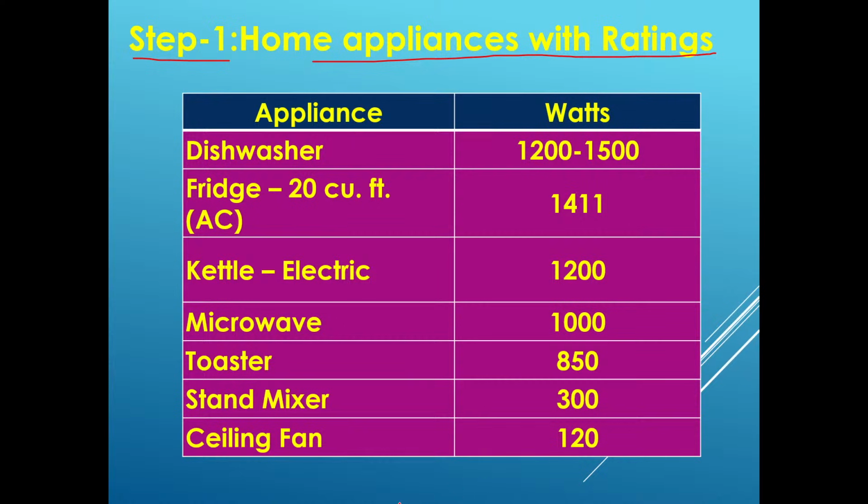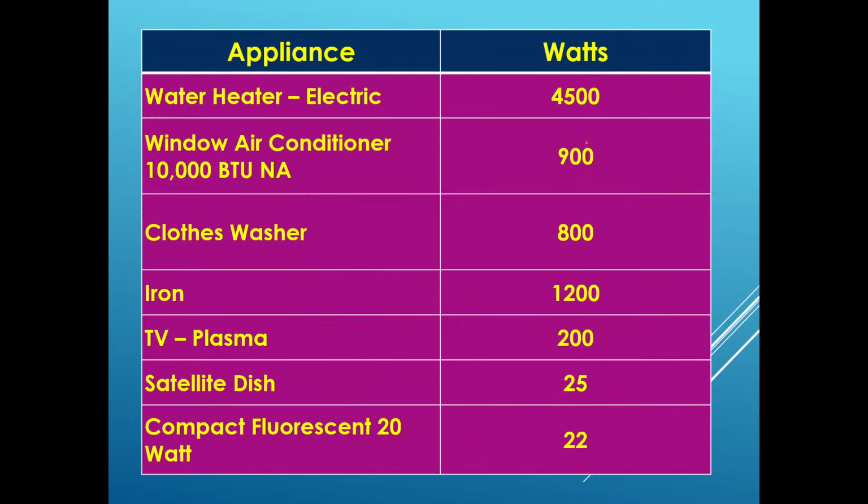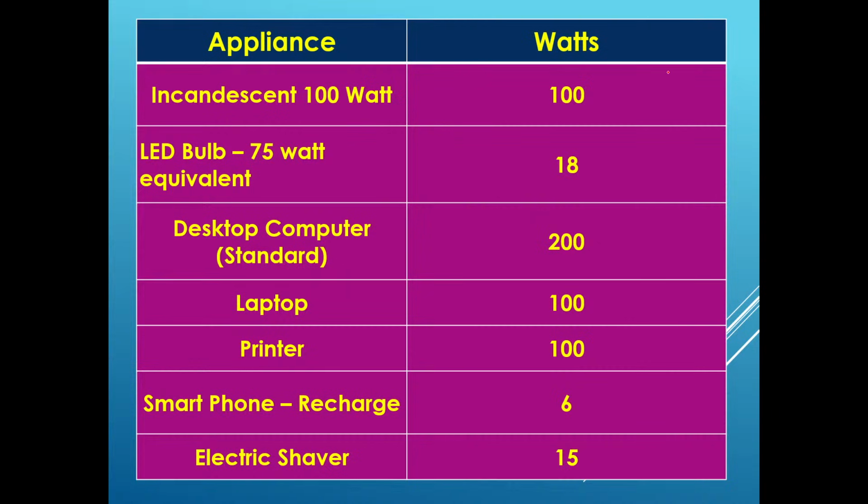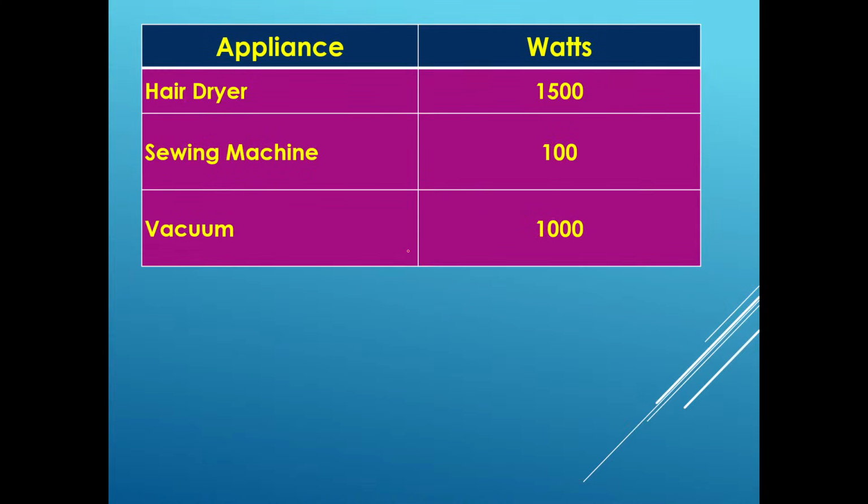Just for example, I have enlisted some of the ratings of the household appliances. No need to write down these ratings now. A few more household appliances, whose ratings I have mentioned here.